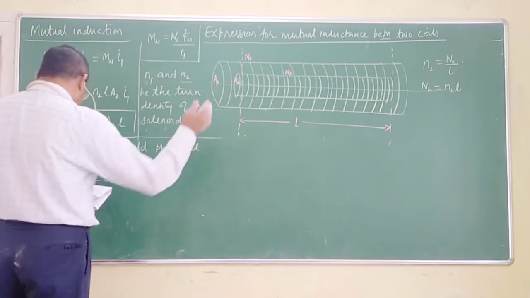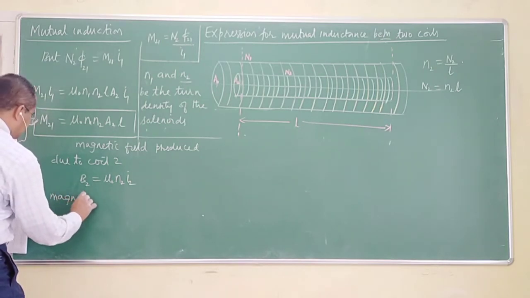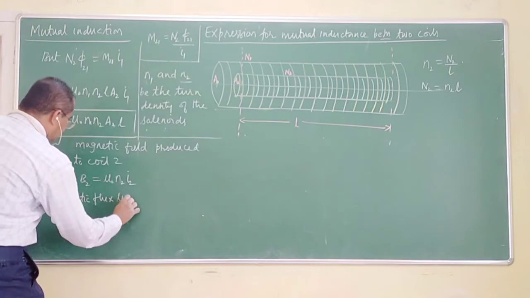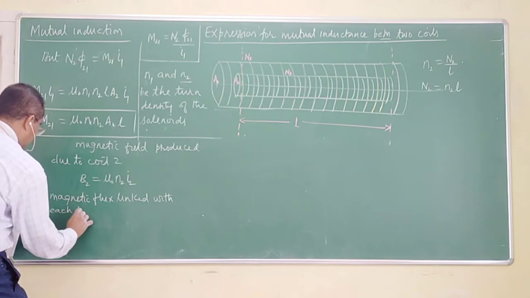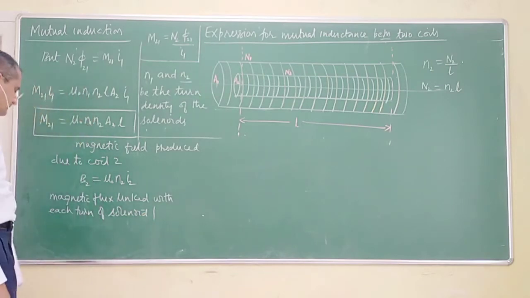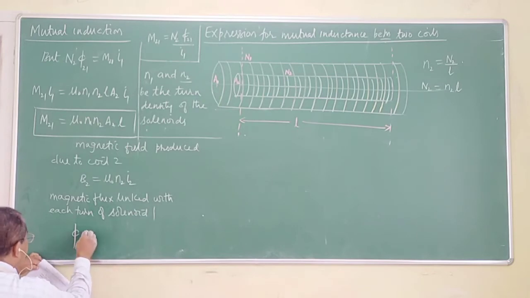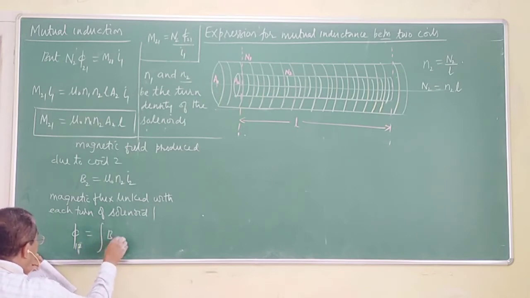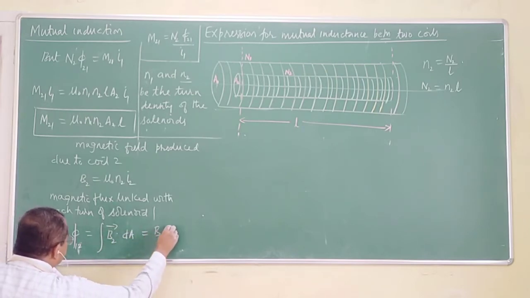Now, magnetic flux linked with each turn of solenoid 1. What is that? Phi 12 is the flux per turn of solenoid 1 due to current flowing in coil 2. This is equal to integral B2 vector dot dA. I will write this as B2 into A2.